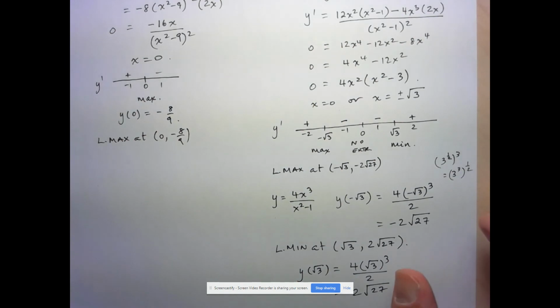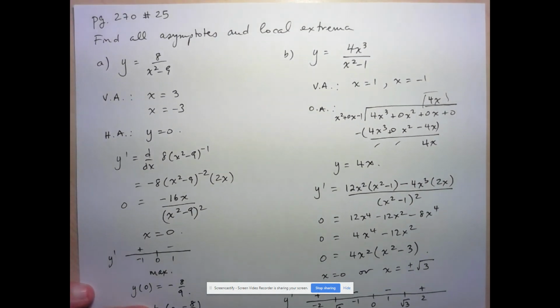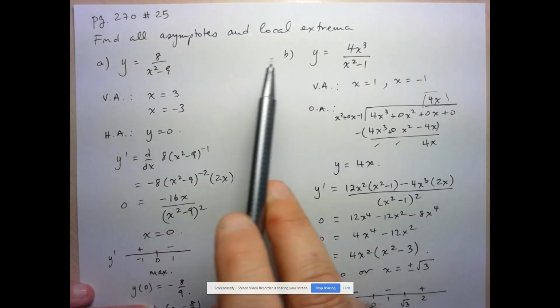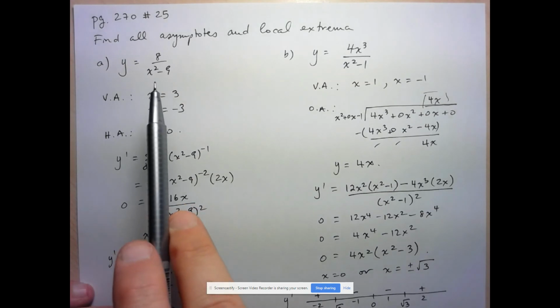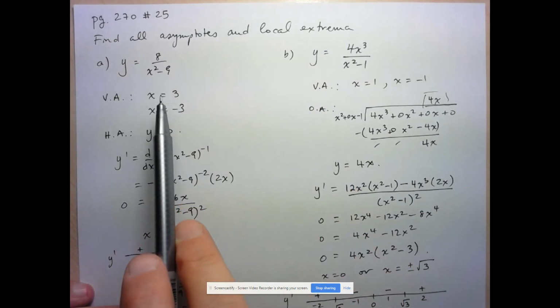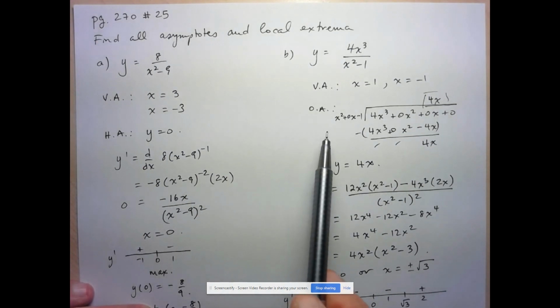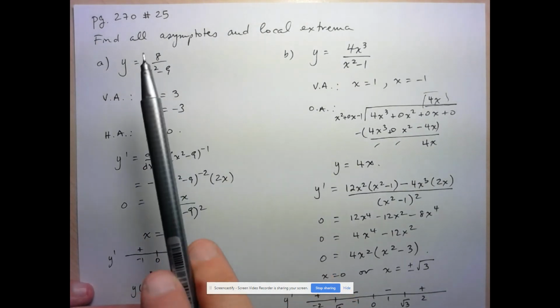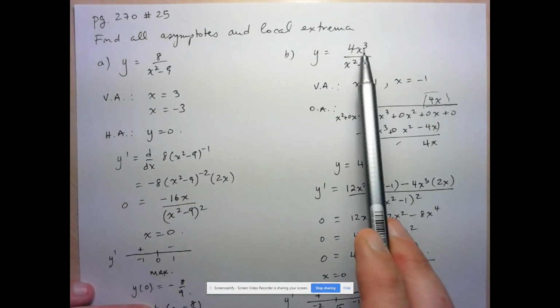All right, so let's take a recap of these here. These were both rational functions. So step number 1 was to check that they're in simplified form. Once they are, vertical asymptotes are whatever makes the denominator 0. Horizontal asymptotes and oblique asymptotes, in other words end behavior, are determined by comparing the degrees of each polynomial.